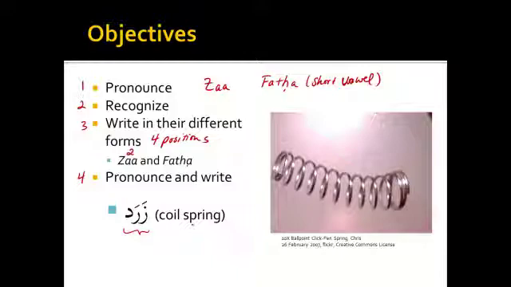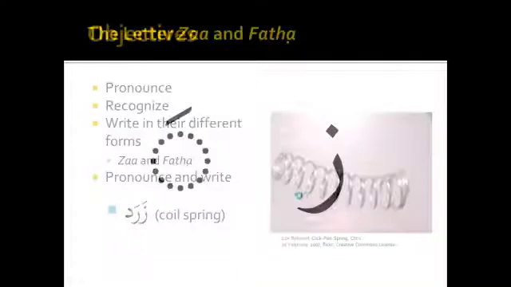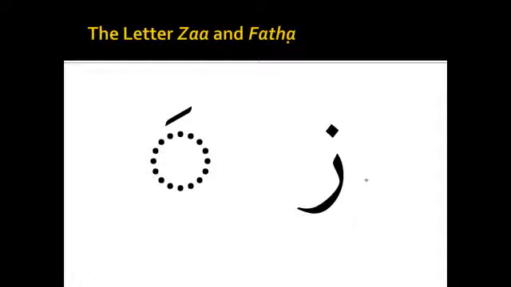Okay, let's look at the pronunciation of these letters. So we have here the Za in Arabic, and the Za is like the Z in English, as in zebra. So that's pretty simple. The Za is not that difficult to pronounce.